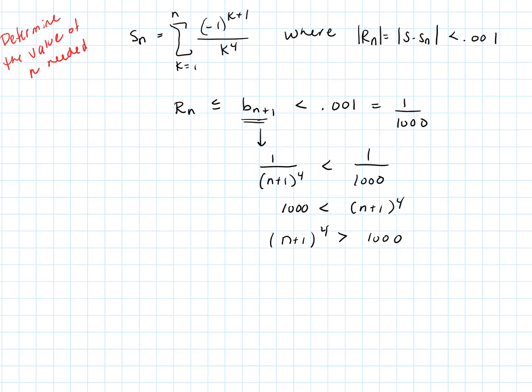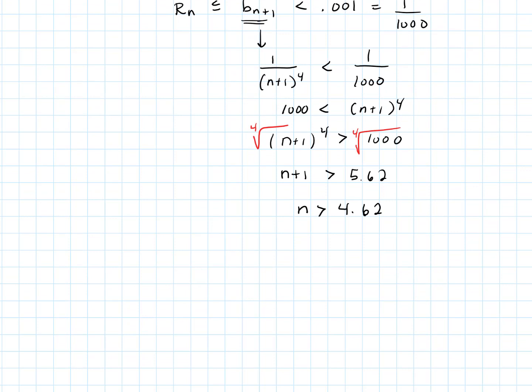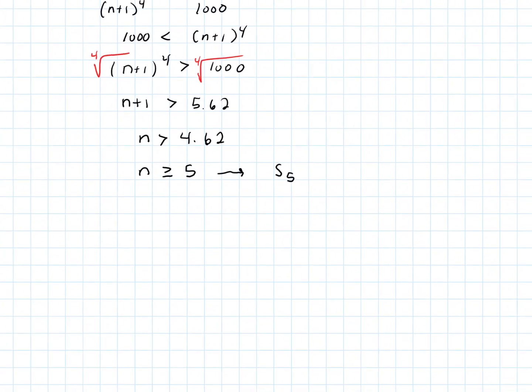Take the fourth root. n plus 1 is greater than the fourth root of 1,000, which is approximately 5.62, so n has to be greater than 4.62. But we have to use whole numbers, so n has to be greater than or equal to 5.